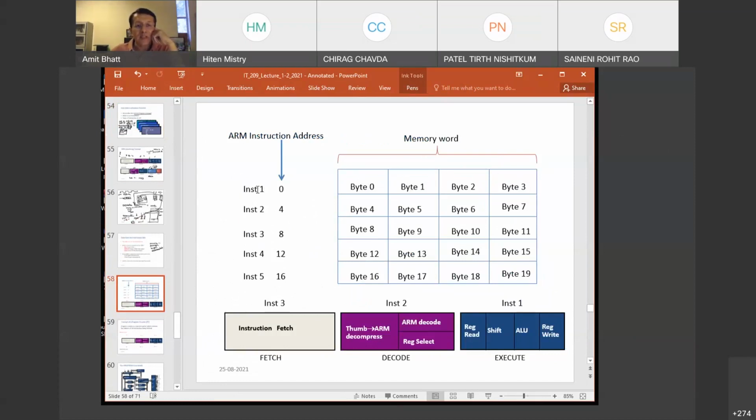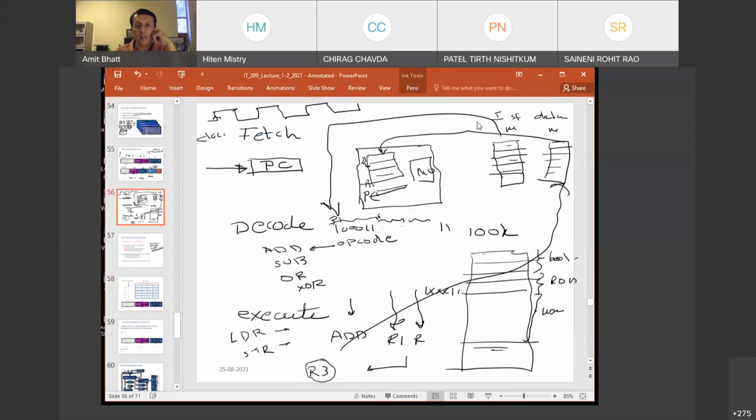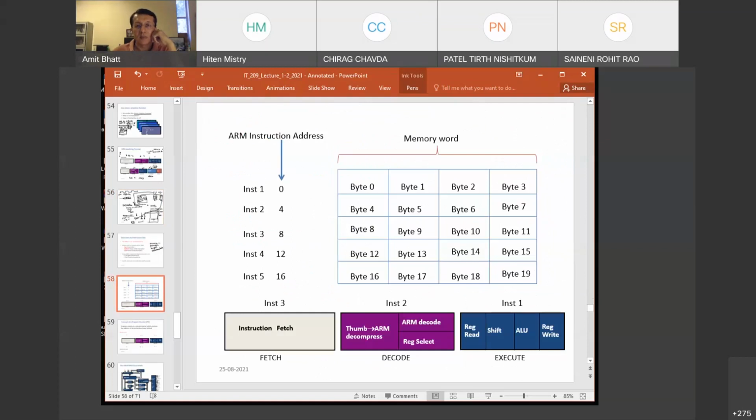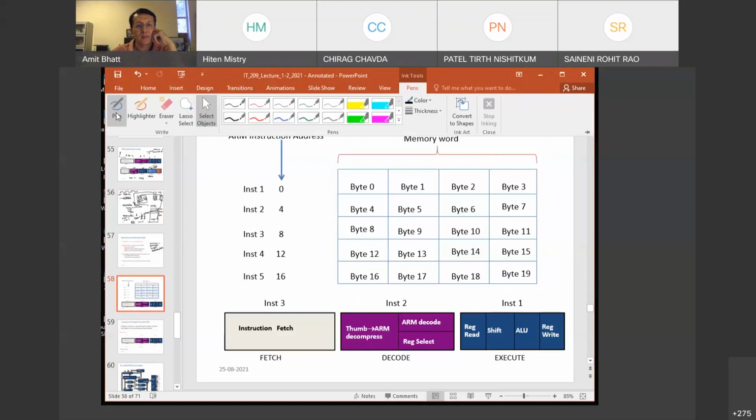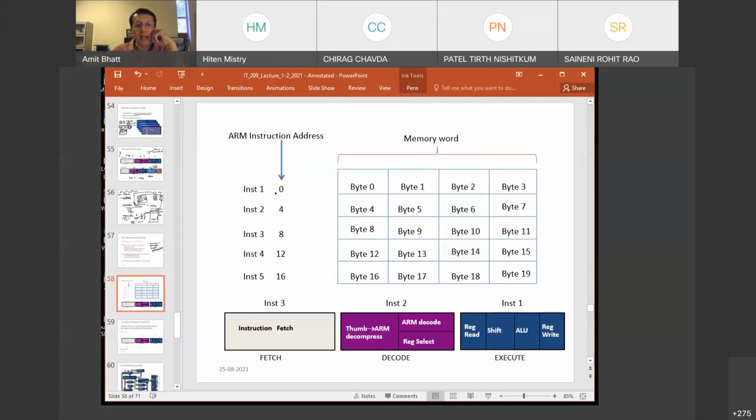So I will say that instruction 1 lies at memory address 0.